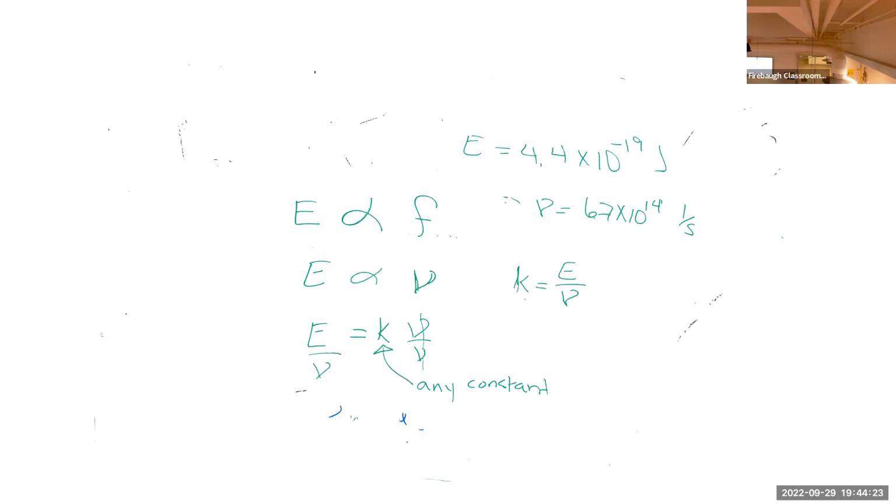And then all we have to do is plug things in: 4.4 times 10 to the minus 19 joules over 6.7 times 10 to the 14, 1/s. So then my final answer should be something that is joules times seconds, because this is inverse, right? And then somebody do the math for me.